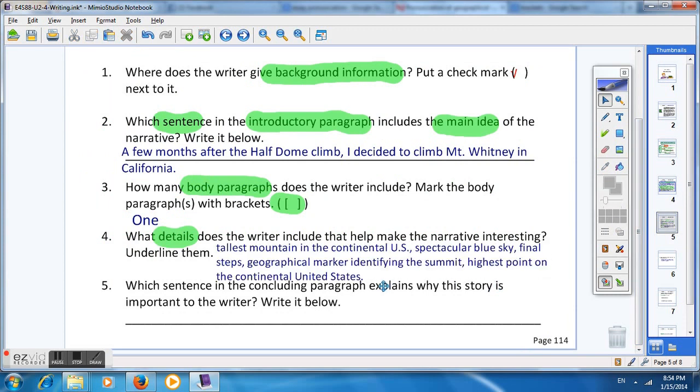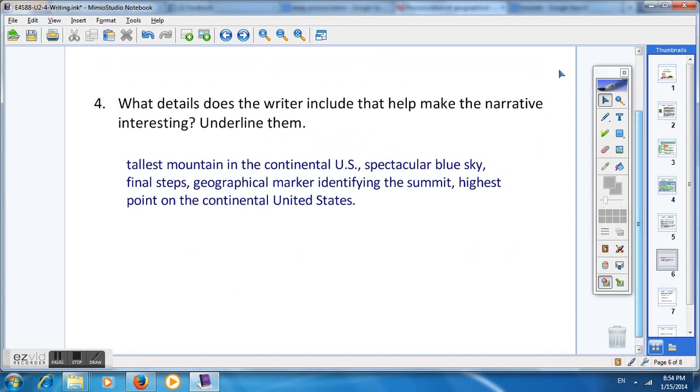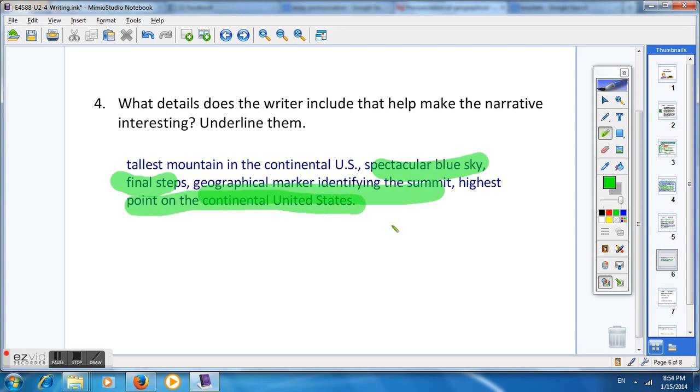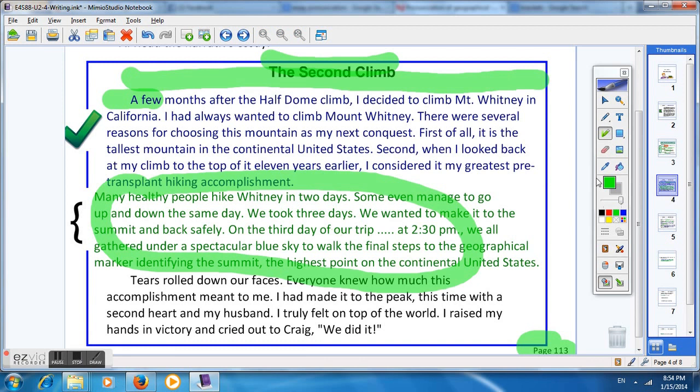So we have tallest mountain in the continental US. We also have spectacular blue sky, final steps, geographical marker identifying the summit, and highest point on the continental United States.